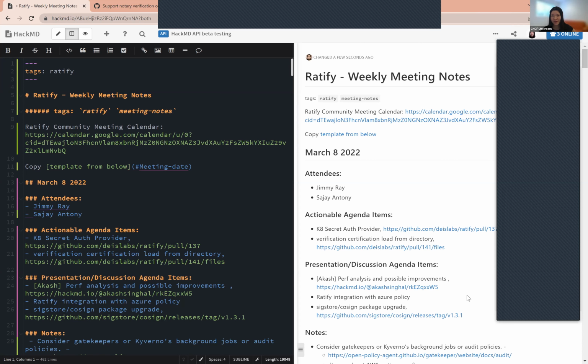Any other comments about Azure Policy, or we can move on to the performance analysis? Okay. Akash, do you want to go through the analysis? Yep, sure. Let me share my screen. Sounds good.